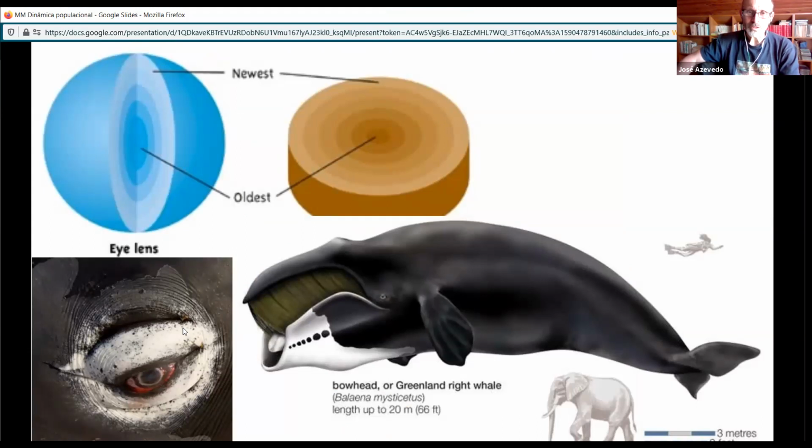And how do we know this? We know this using a very special technique that is used to date paleontological findings, remains of animals, called amino acid racemization.